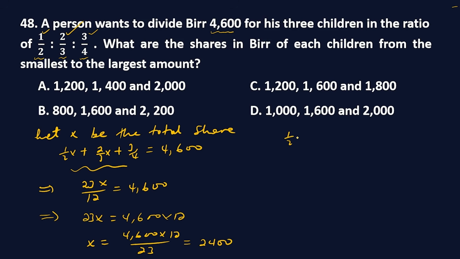እንግዲህ 2400 የኤክስ ቫልዩ ነው። So ምንድነው የምናደርገው? Half of x ምን ይሆናል የሚለውን እናስቀምጣለን። Half of x ማለት half of 2400 ማለት ነው፣ this is 1200. Okay the other thing 2/3 of x ምን ይሆናል ለሚለው you need to multiply 2/3 by 2400.